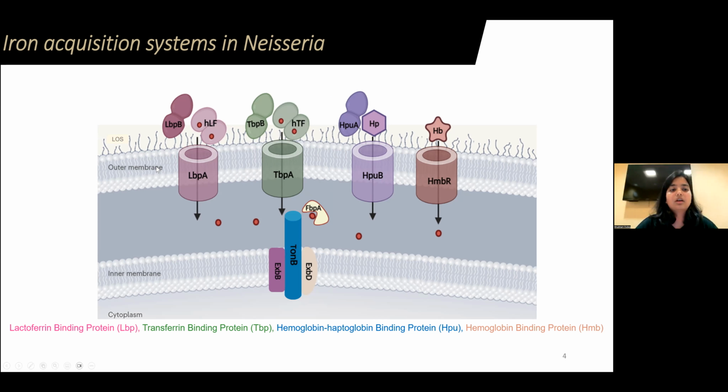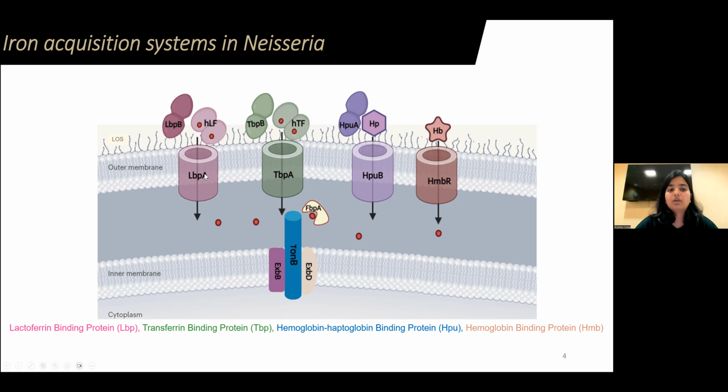these proteins are decorated at the surface of the bacteria, and they interact with human proteins such as human transferrin, human lactoferrin, haptoglobin-hemoglobin, and hemoglobin. These systems can be one component or two component, depending on how many members are involved from the bacterial side to do the whole process.